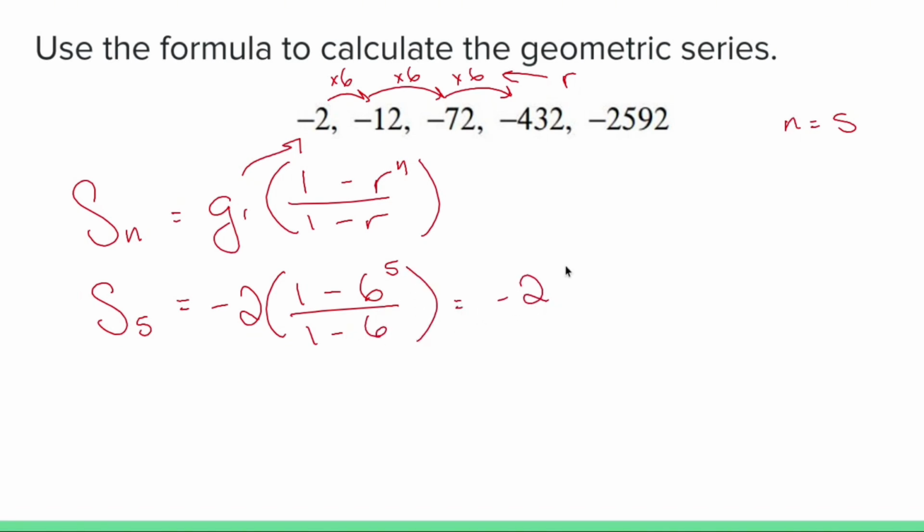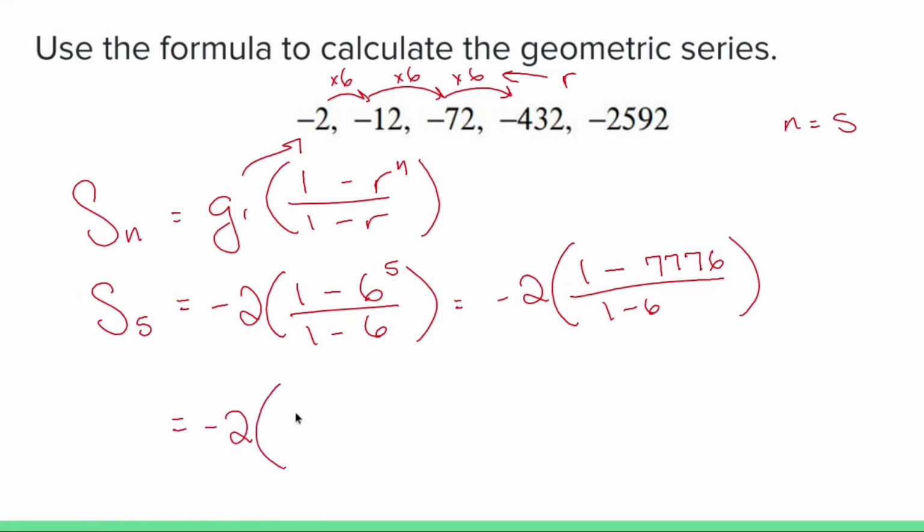So negative 2 times 1 minus 7,776, which is 6 to the 5th power, believe it or not, over 1 minus 6 still. So negative 2 times 1 minus 7,776 is going to be negative 7,775, and then you're going to be over negative 5.